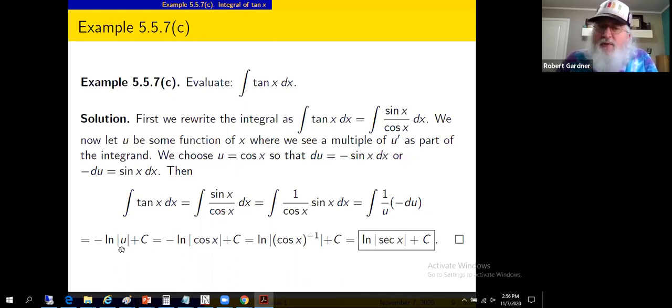Remember the absolute value that we picked up when dealing with indefinite integrals of natural log functions, or antiderivatives for that matter. See table 4.2. There was an example we dealt with in the past that says you need absolute values on this for a general result. So we get negative natural log absolute value of u plus c.